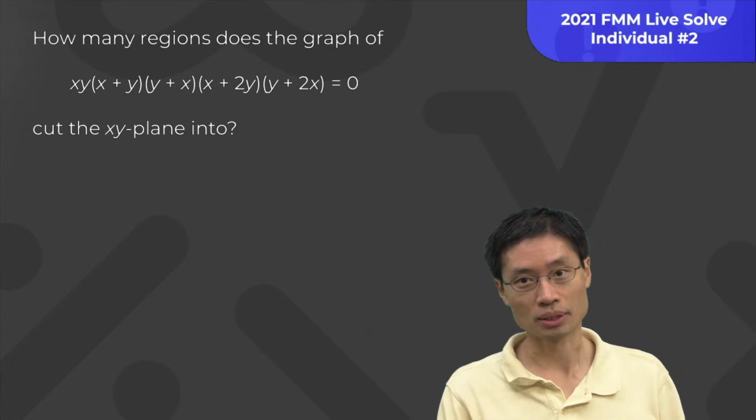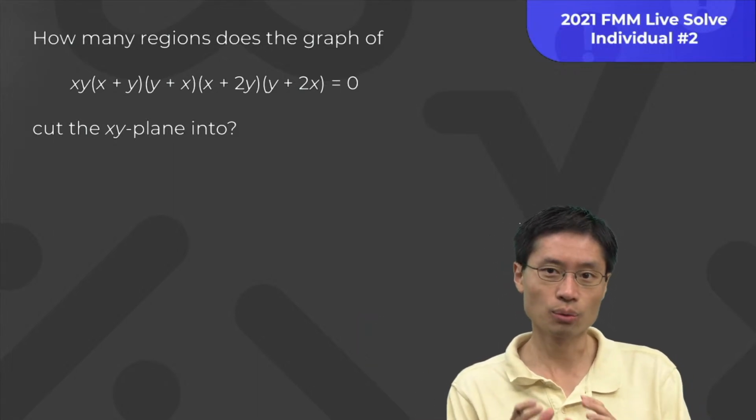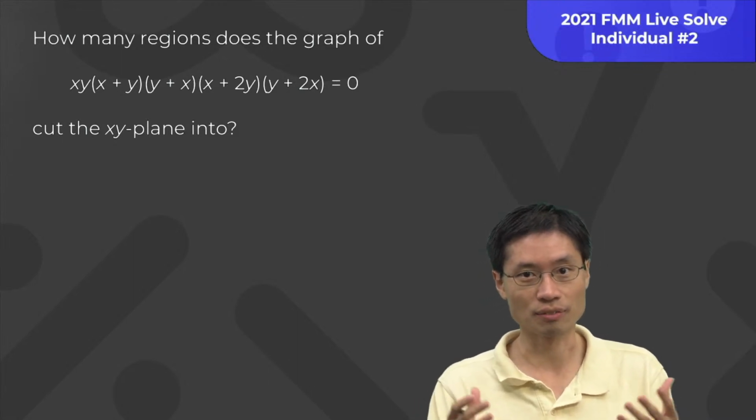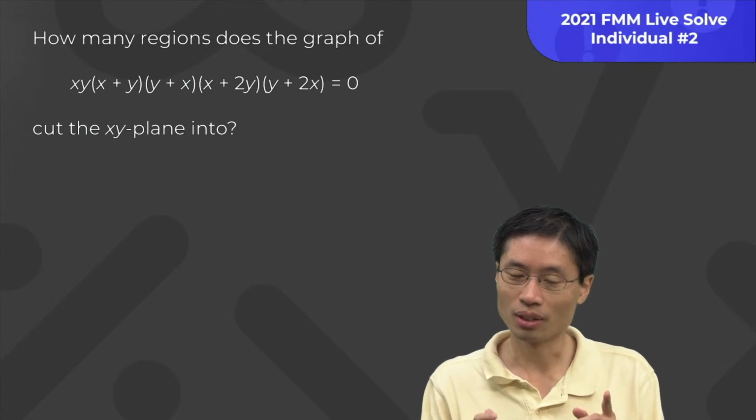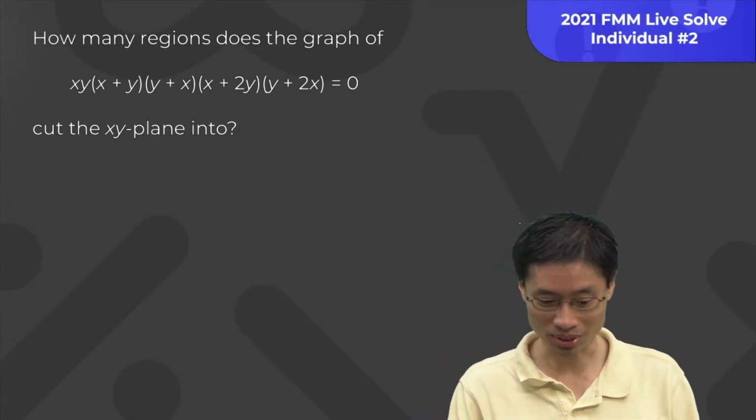I see that there's a whole bunch of things multiplying to be 0. So if I'm looking for what values of x and y make this whole thing 0, it'll be anything that makes any of the terms equal to 0.